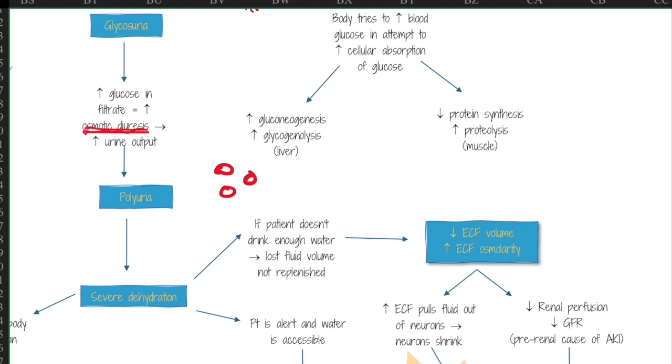It's going to change the osmotic gradient, meaning it's going to pull fluid out of the interstitial space, and maybe even intracellular, but definitely interstitial space, and into the vascular system or into the blood. That blood is then going to go to the kidney, and it's going to be filtered, and it's going to come out as urine. And that's why you have polyuria. You will have the same thing with diabetic ketoacidosis. It really depends on how much glucose is in your system and how well your body is dealing with it. But that is where that polyuria will come from.